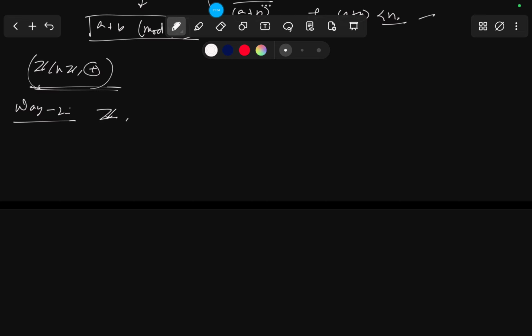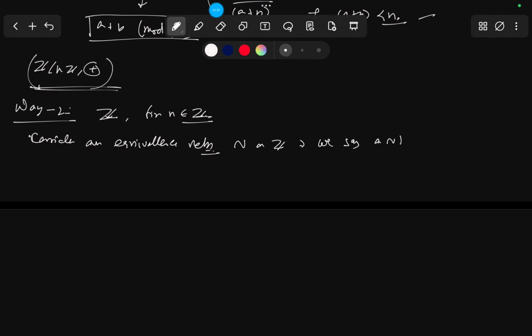Now fix some integer n. Okay. Now with respect to this n, consider an equivalence relation, let's say this tilde on Z, such that we say that a is related to b, or equivalent to b, if and only if a minus b mod n is 0.